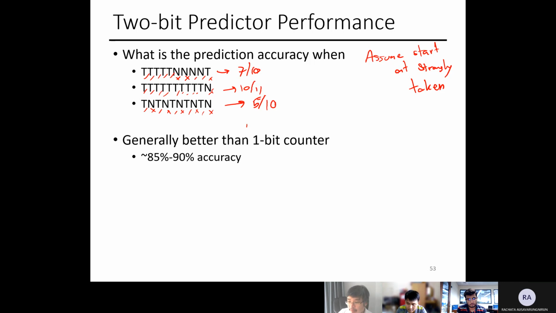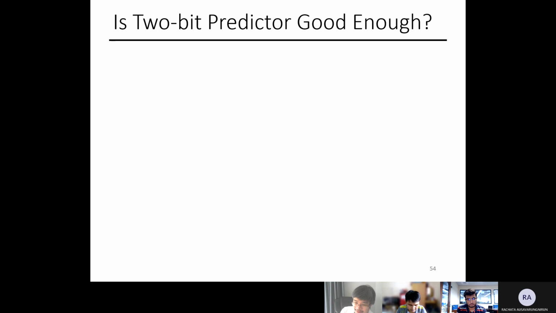So generally, if you do something like this in a real program, in the paper kind of report that if you run a real program, you're getting about 80 to 90% accuracy, which is not bad, right? But if you ask this question, is this good enough? It's actually not good enough. The reason is you have a lot of if, else, and for loop in your code.